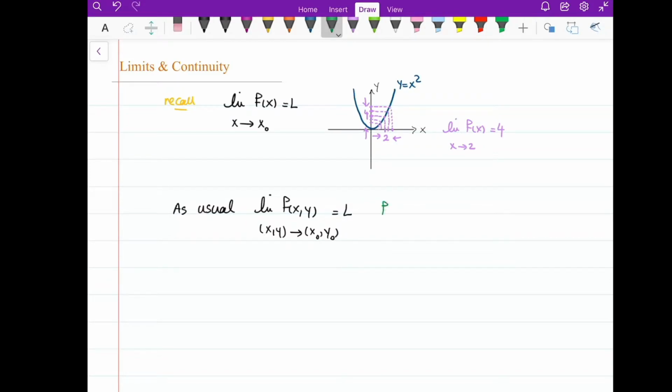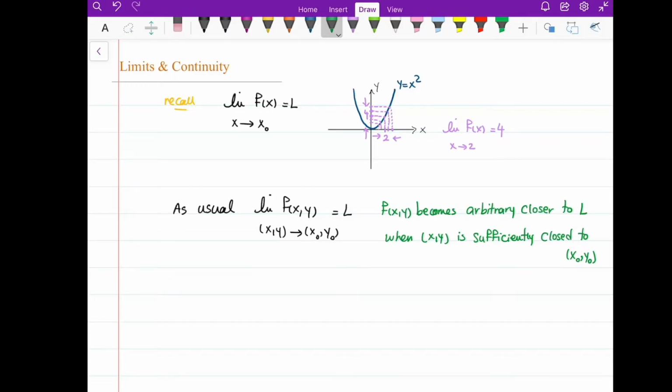We say that f of x and y become arbitrarily close to L when x and y are sufficiently close to x naught and y naught.